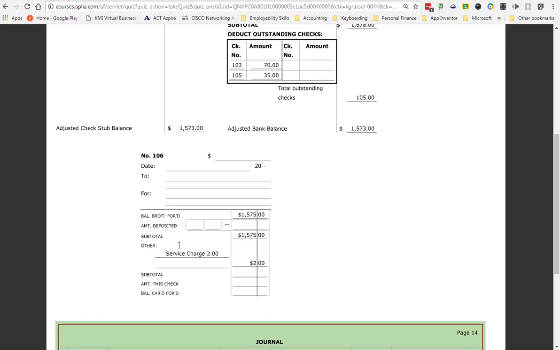And then I'm going to put $2 on the right-hand side. And then I do the math because I'm going to deduct that $2. I'm going to have 1573. And then you will notice that this now equals this. My adjusted bank or my adjusted check stub balance equals what is on my check stub.